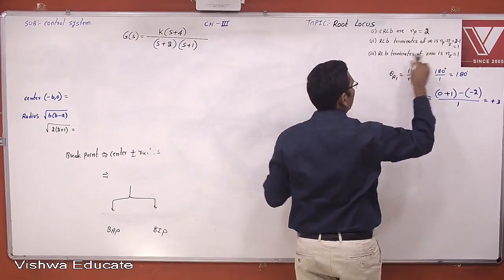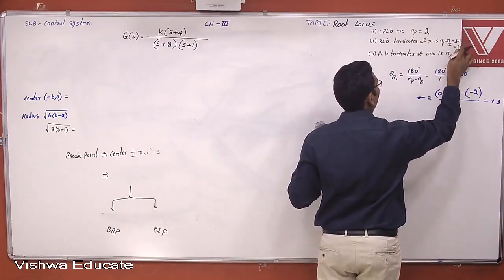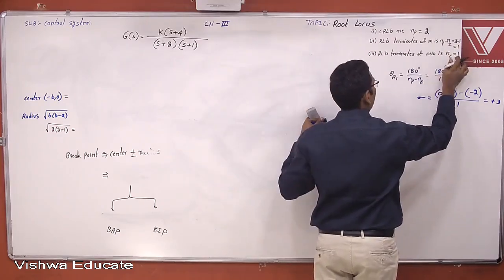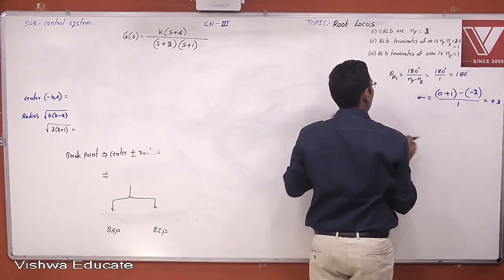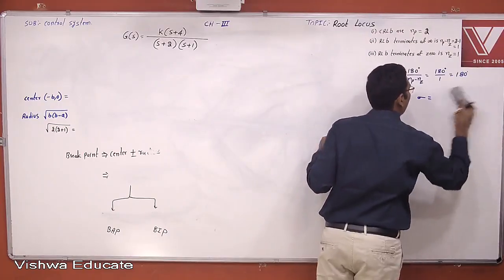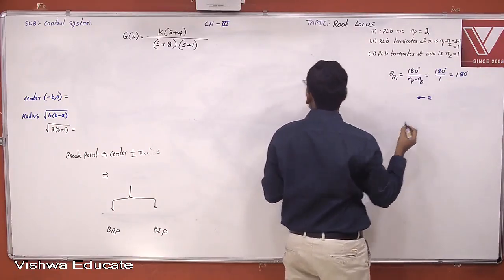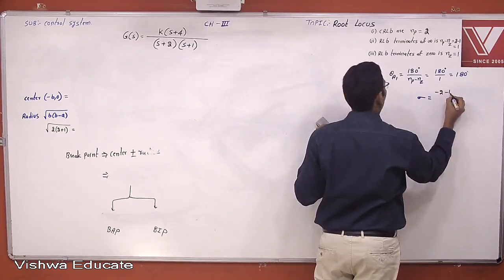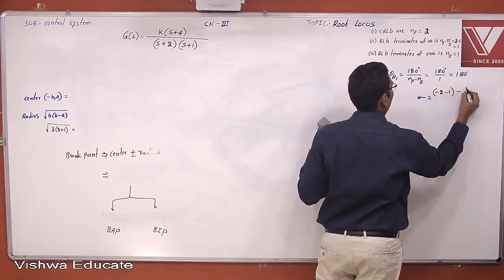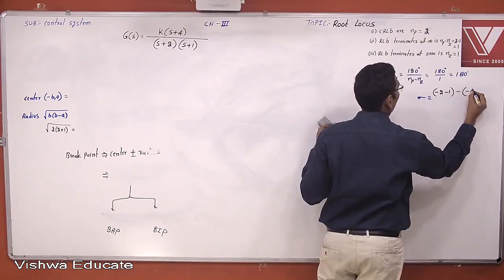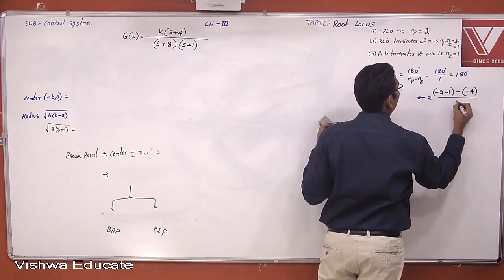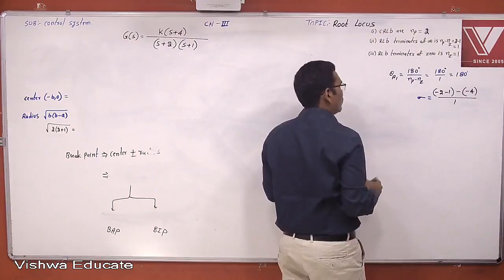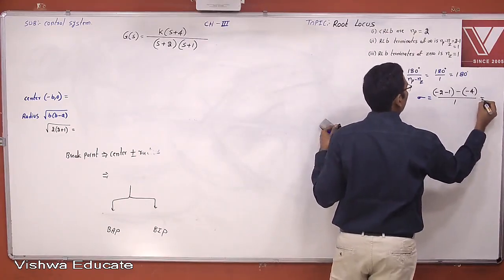Number of root locus branches terminating at infinity is 2 minus 1. Number of branches terminating at 0 is 1. Next, the angle of asymptote and centroid sigma, the intersection point of the angle of asymptotes on the real axis: minus 2 minus 1 minus, minus 4, by np minus nz. So 4 minus 3 plus 1.